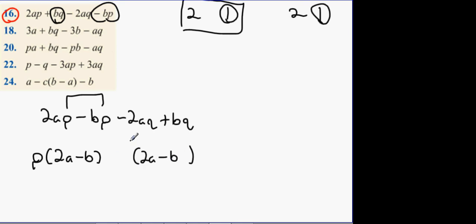So what multiplies by 2a to give you minus 2aq? Minus q times 2a, minus 2aq. Minus q times minus b, plus bq. What's the answer then? P minus q into 2a minus b.